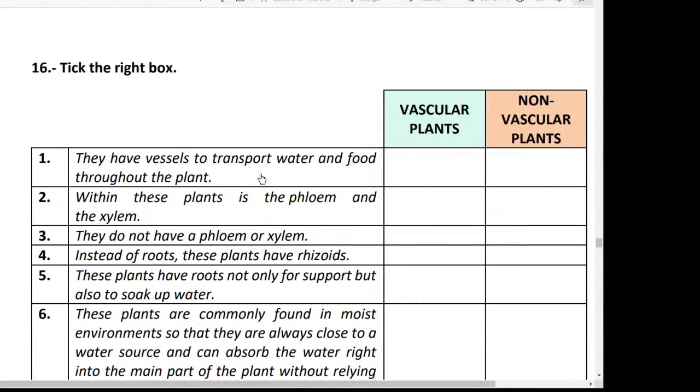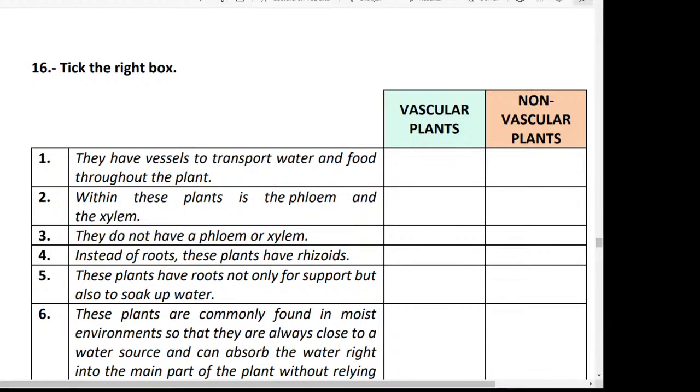Vascular? I'm waiting for you. Can you hear me? Vascular, very good. So they have vessels to transport water, and that means that they are vascular plants. Very good.